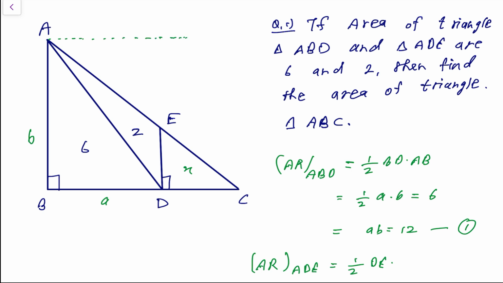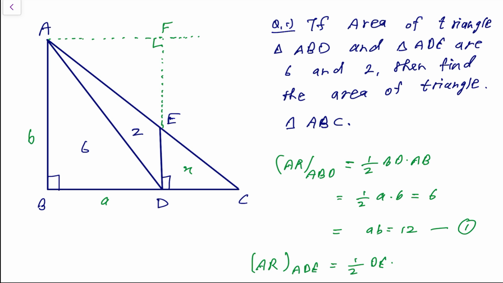At the same time, we drop a perpendicular from DE to this line parallel to BC. We have the point of intersection of these two lines as F. From here, we can find the height of triangle ADE.